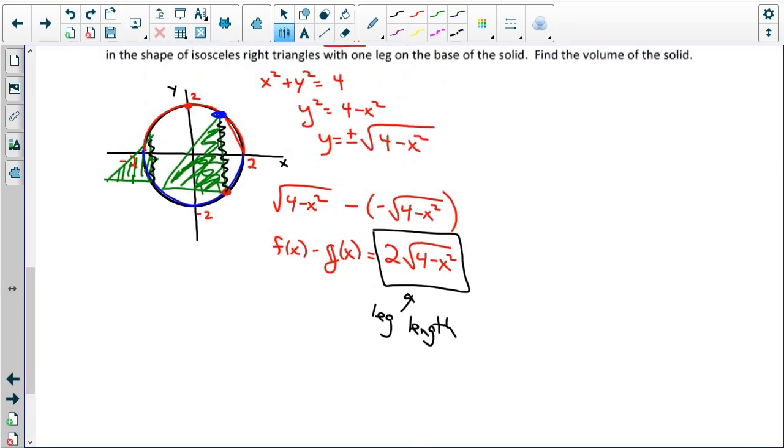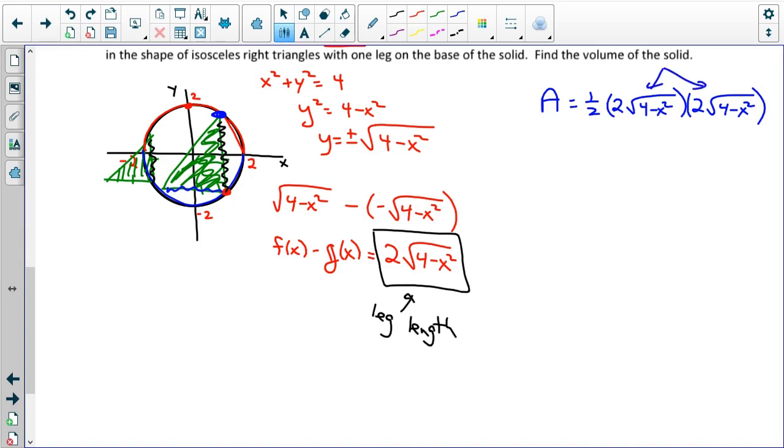So now that I have that under control, I'm going to find the area. So the area function is going to be 1/2 times 2 root 4 minus x squared times 2 root 4 minus x squared. And that's because that's how we find the area of an isosceles right triangle.